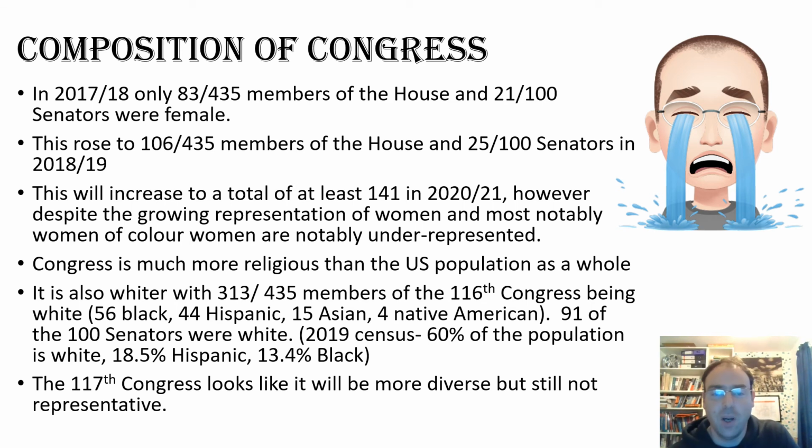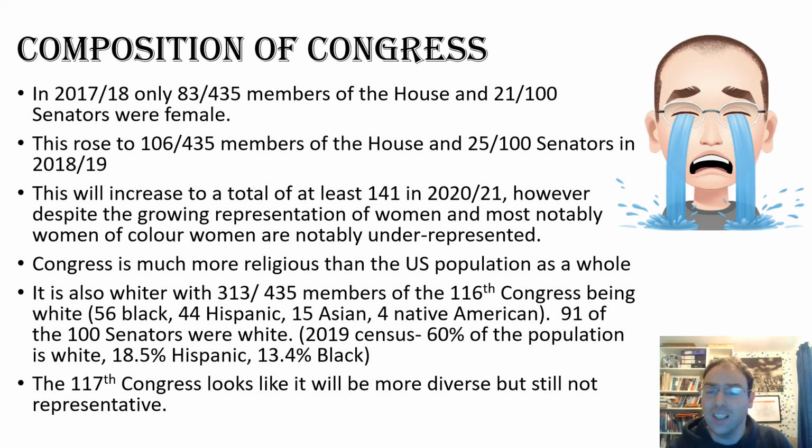However, despite this growing representation of women, and most notably women of colour, women are very noticeably underrepresented. Again, this is an issue in the US, it's an issue in the UK and in many other democracies.